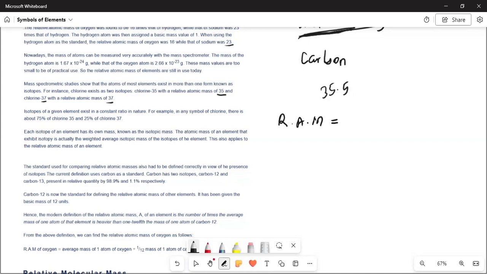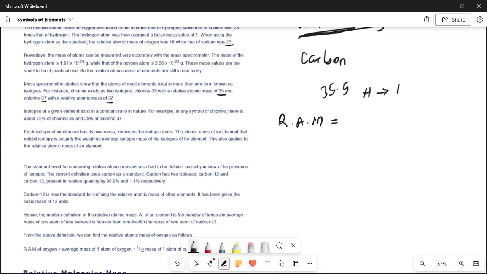Initially, they used hydrogen as a standard, which was given an arbitrary value of 1. But now, because of the presence of isotopes, there had to be a modification by choosing an atom or element that exists as isotopes also. And that atom is carbon-12.